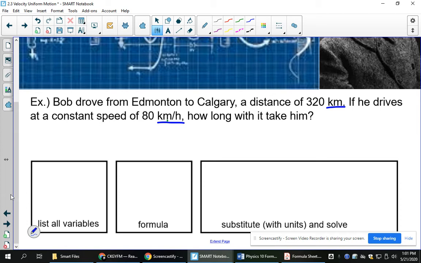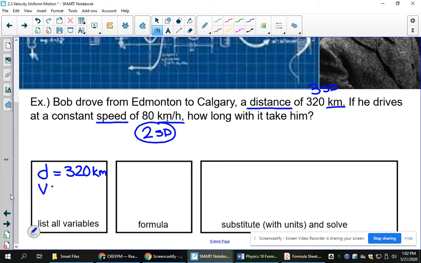Now, when you wrote your sig digs, you should have gotten 2 sig digs for 80, 3 sig digs for 320, and circled 2 because it's the smaller number. Now you can try pausing the video and listing the variables next. They've told us right in the question, distance is 320 kilometers, always include units.